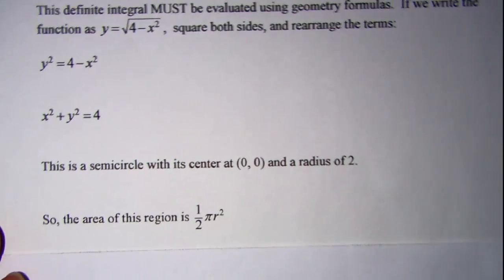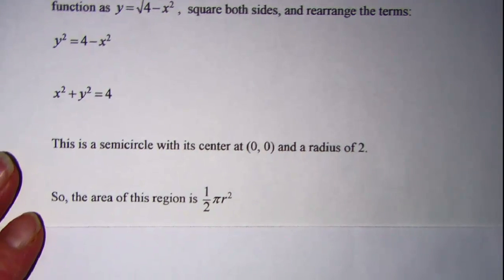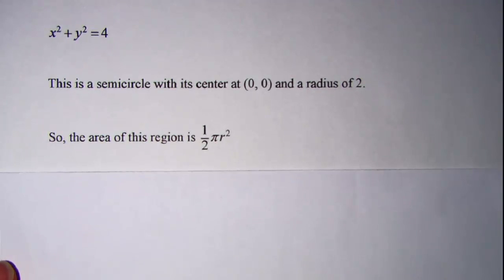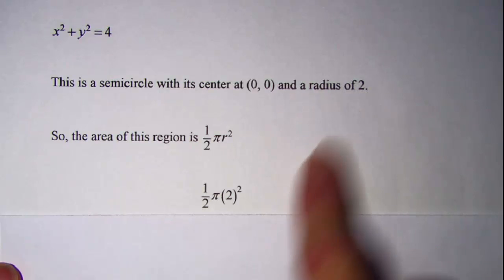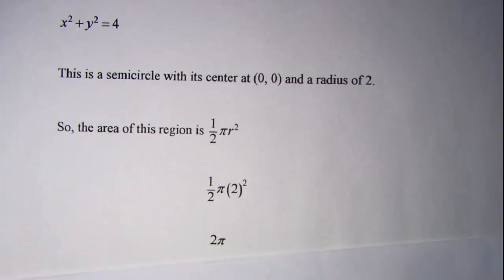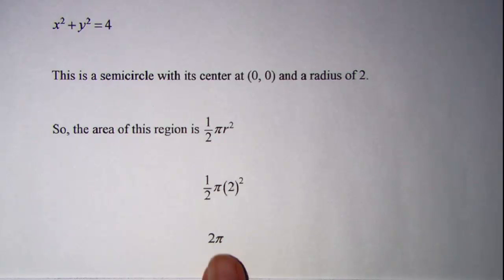We know that the area of a circle is pi r squared, so the area of the semicircle is 1/2 pi r squared. Plug my radius of 2 in here in place of r, so I have 1/2 pi times 2 squared, so the area of this region is 2 pi.